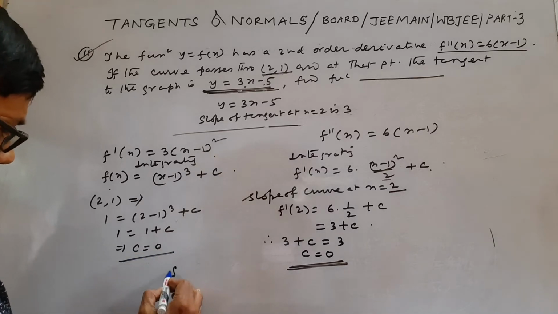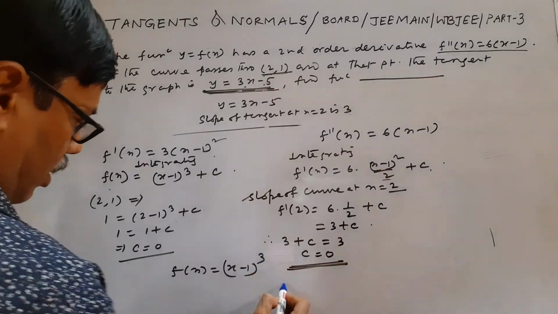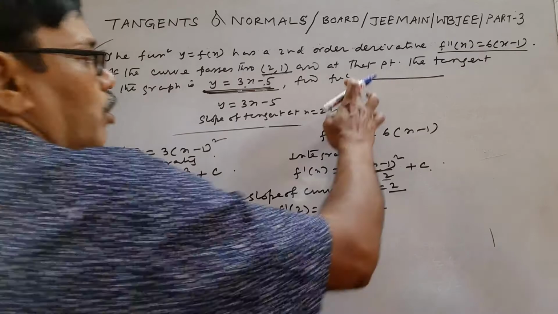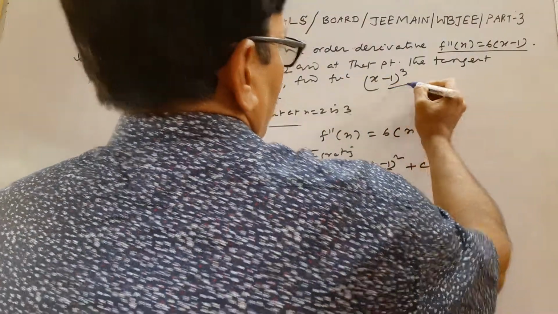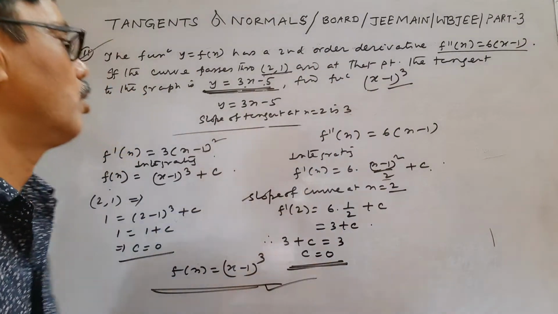So f(x) is (x minus 1) whole cube. The equation of the curve is (x minus 1) whole cube.